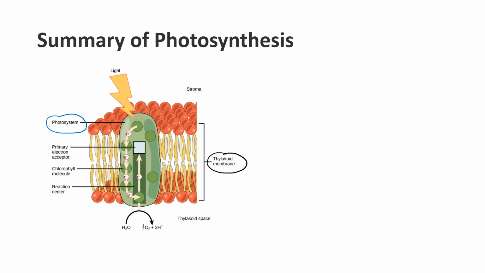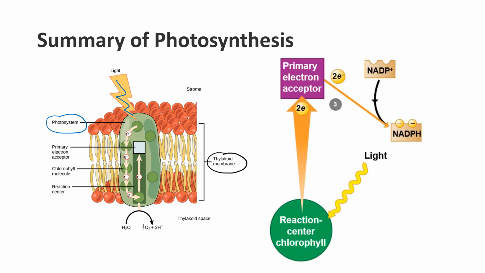Photosystems are special proteins that also contain special pigments that harvest the energy from light, right? You may have heard of chlorophyll. Chlorophyll A is one of the main pigments that we find in the photosystems, but not the only one.